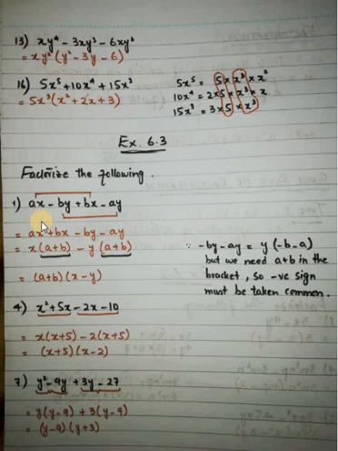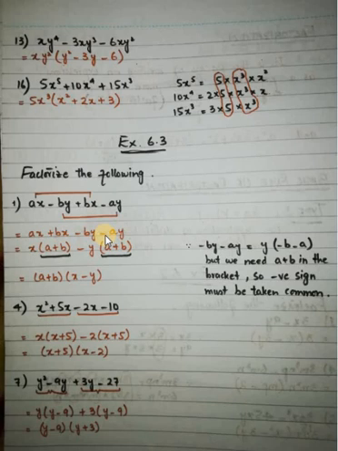Now, what is the method of combining the terms? Look at the first 2 terms, ax minus by. Can you get anything common in ax and by? No, you cannot get anything common. So you have to pair in such a way that you can get something common. So I am combining the first and third term, ax plus bx, and the second and fourth term, minus by minus ay.